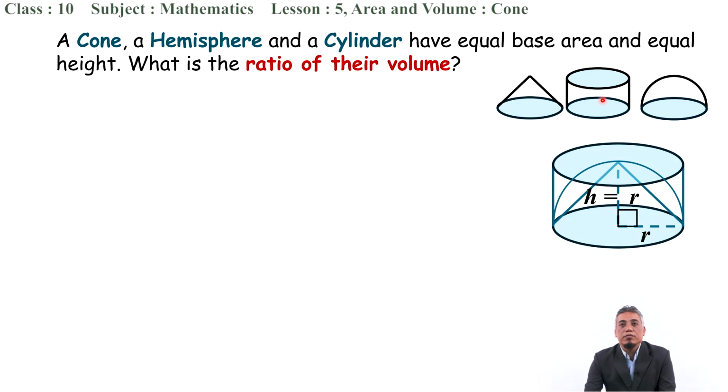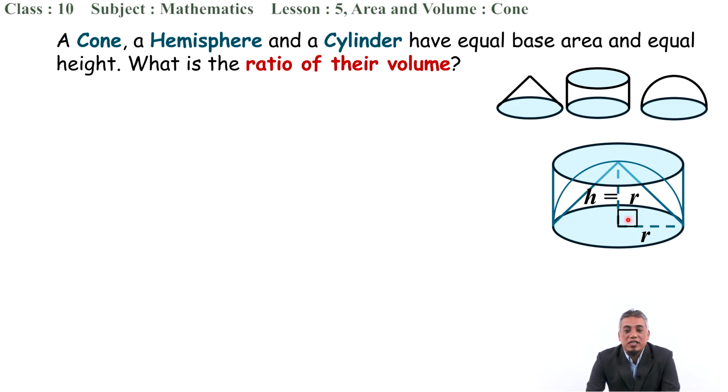So if you take these all on the same base, it will seem like this. So one thing happens here, that height is exactly equal to radius, because you are taking this hemisphere also. So hemisphere's height means it's again radius.